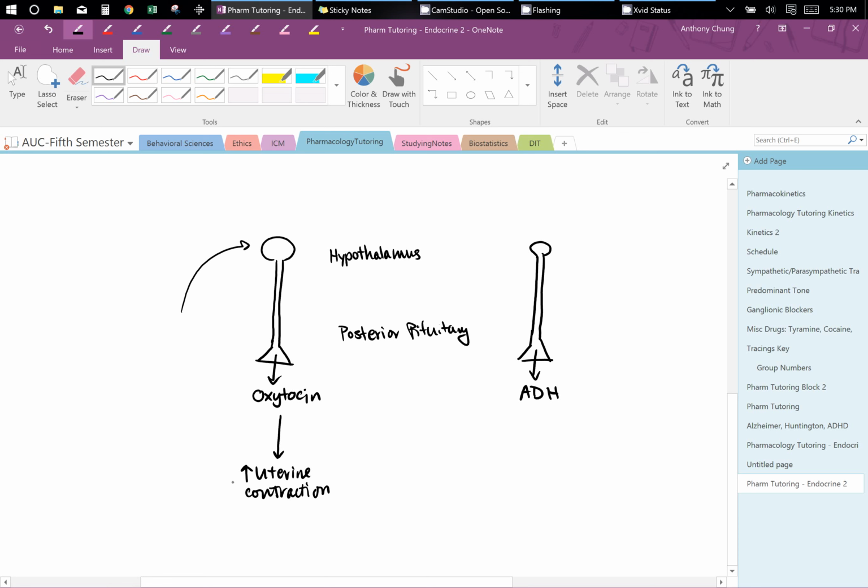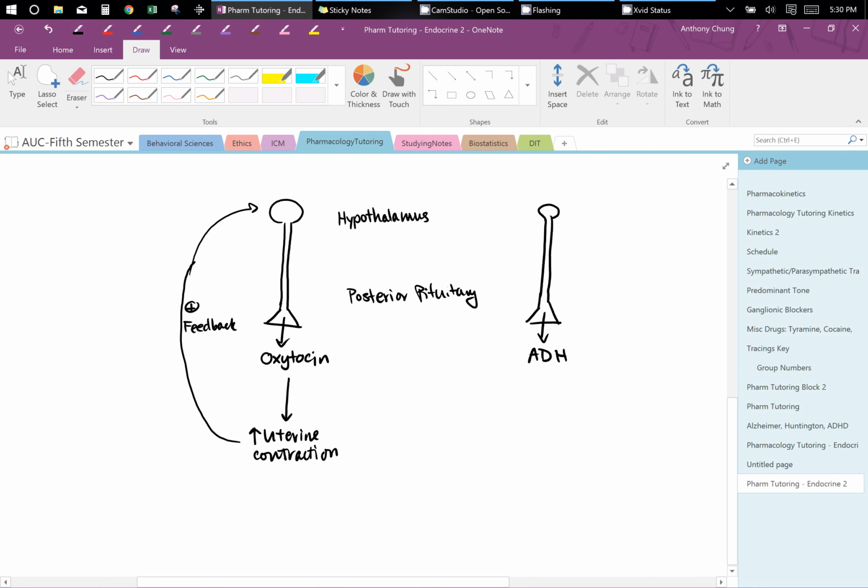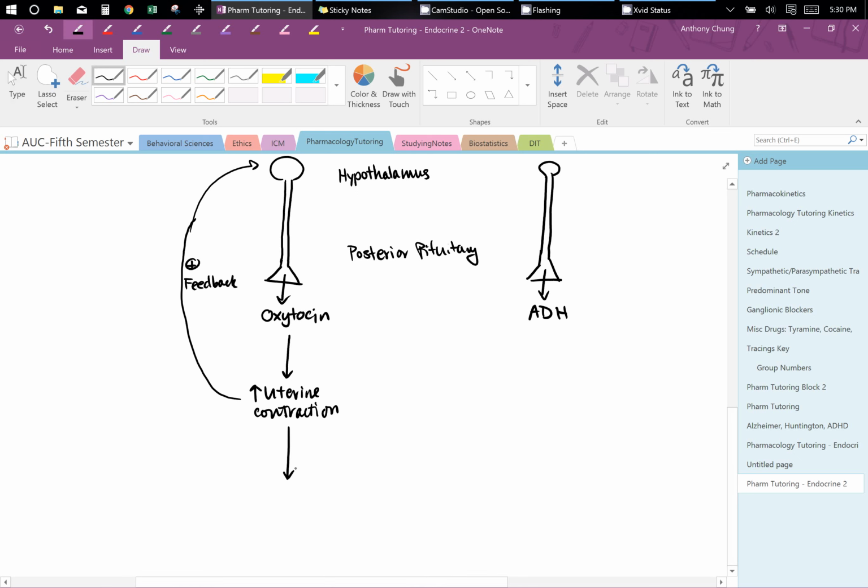And then uterine contraction feeds back, so this is like a positive feedback, until eventually it stops after birth. So the uses for drugs in this pathway would be either inducing labor or preventing preterm labor. So there are two drugs.